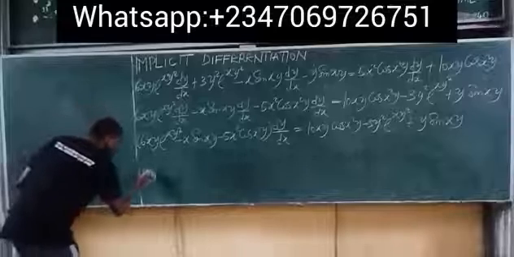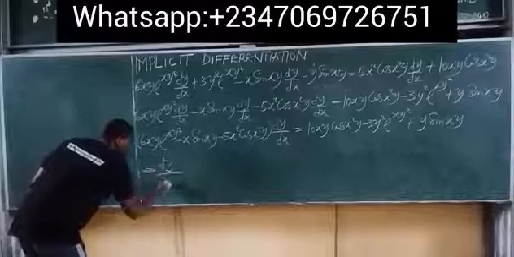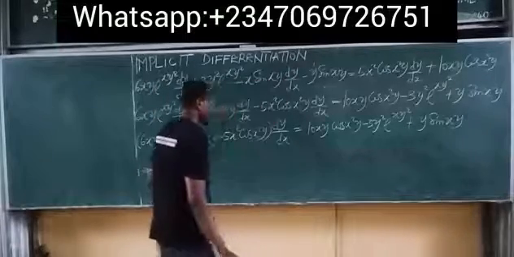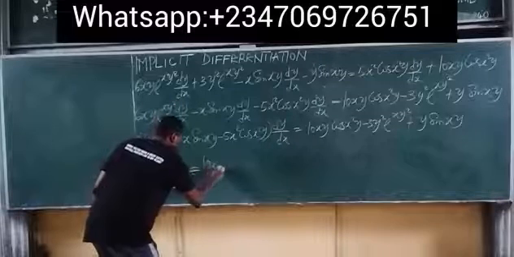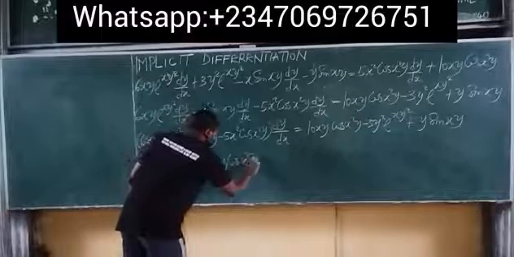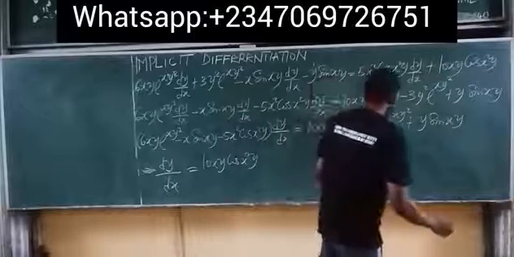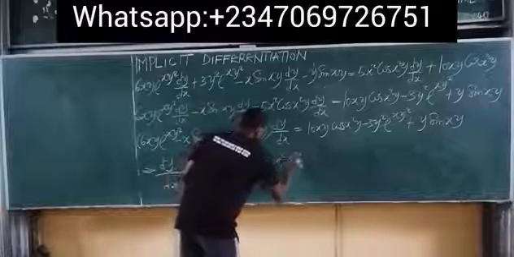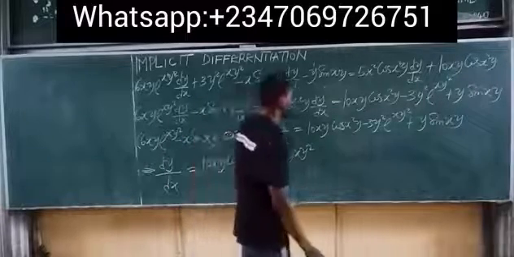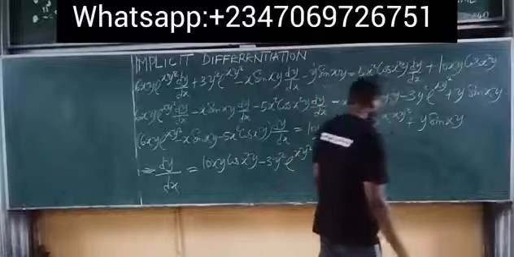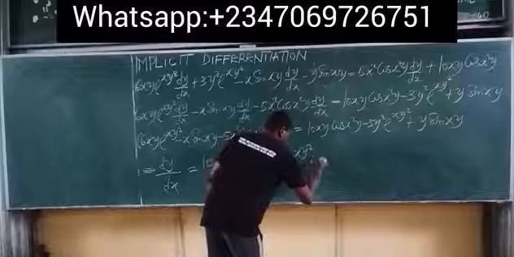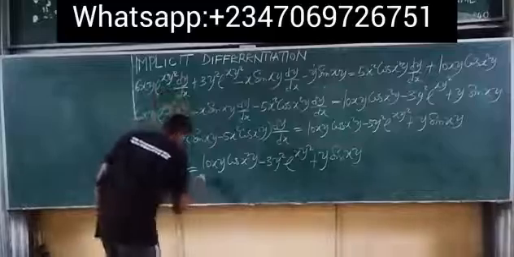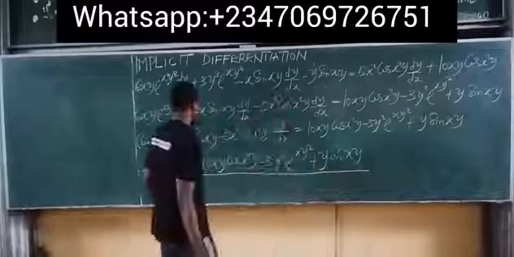This now implies that dy all over dx is now equal to the whole of this: 10xy cos x squared y minus 3y squared exponential xy squared plus y sine xy, all over the whole of this variable.